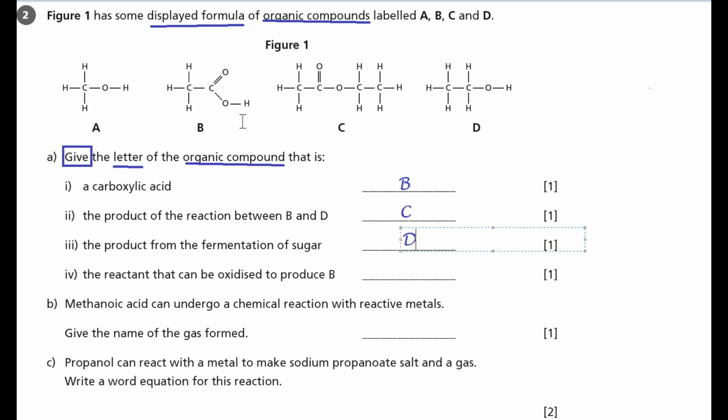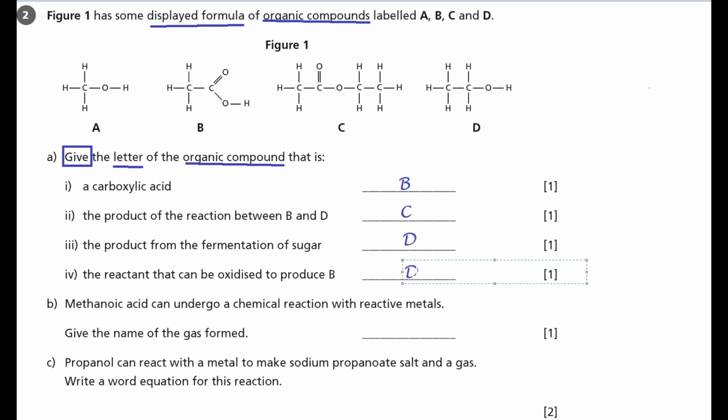And that's why if you open a bottle of wine and you leave it out open to the air, it starts to taste more and more acidic. And indeed, if you leave a bottle of wine open for a relatively long period of time, it becomes wine vinegar. So white wine would become white wine vinegar and red wine would become red wine vinegar. So the reactant that can be oxidized would be D, because that's the starting chemical.